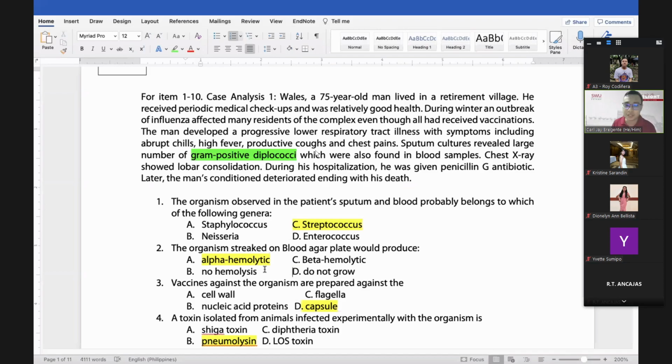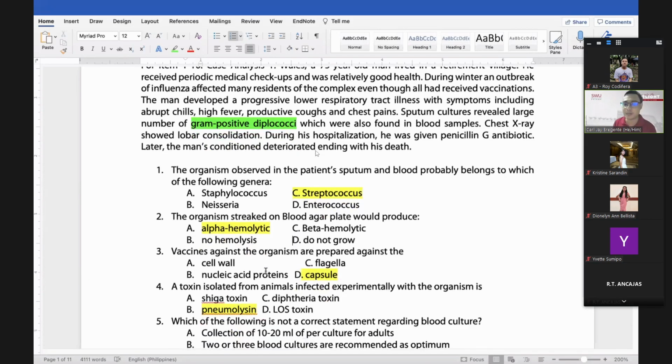So, third question, vaccines against the organisms are prepared against the, remember class, no, vaccines are usually prepared only sa ilahang cell wall. If the organism is capsulated, for example, Streptococcus pneumoniae, Neisseria meningitidis, Haemophilus, mga capsulated na sila class. So therefore, pag capsulated organism, think na maugid na ang source sa ilahang vaccines.